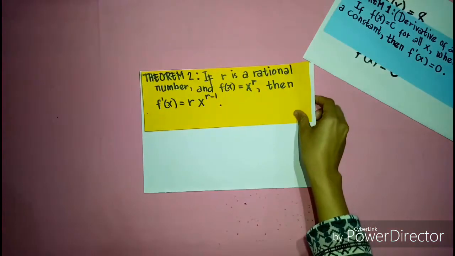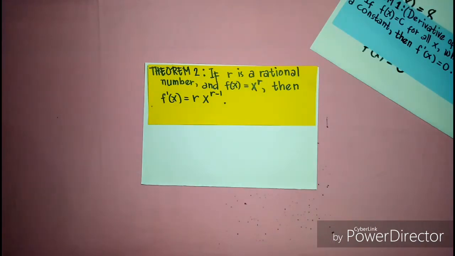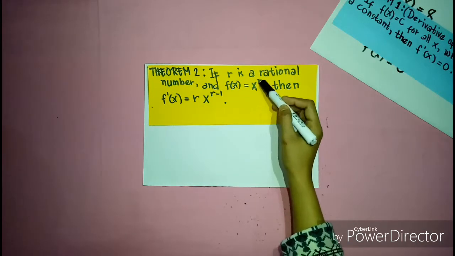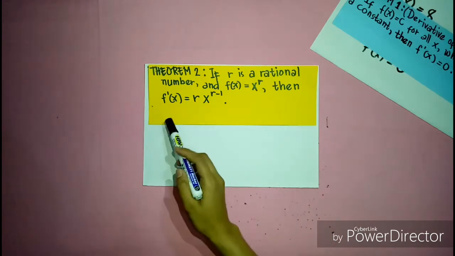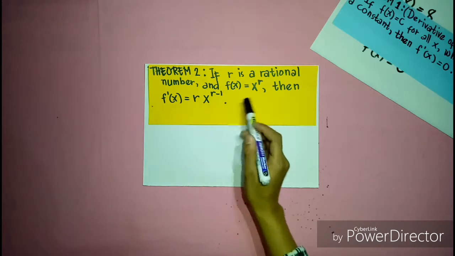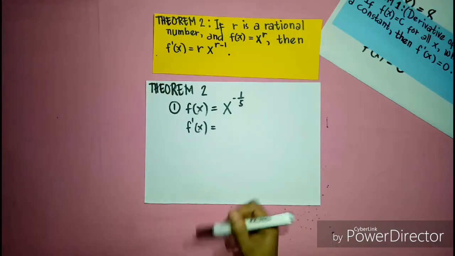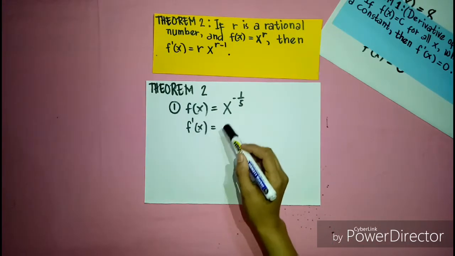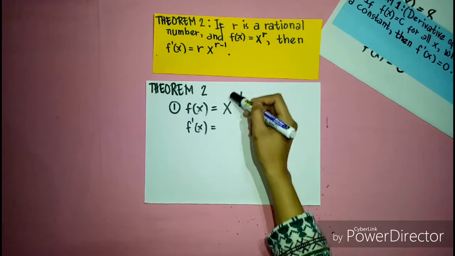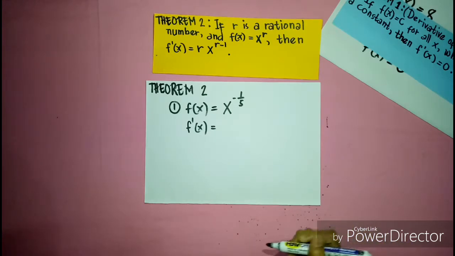Theorem number 2. If r is a rational number and f of x is equal to x raised to the power of r, then f prime of x is equal to r times x to the r minus 1. Apply this theorem. Number 1, f of x is equal to x raised to the power of negative 1/5, where negative 1/5 is in the form of a rational number.